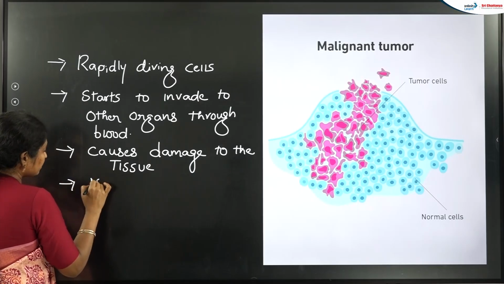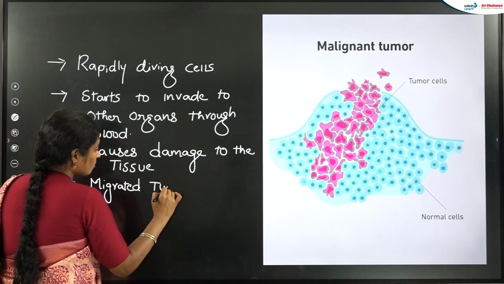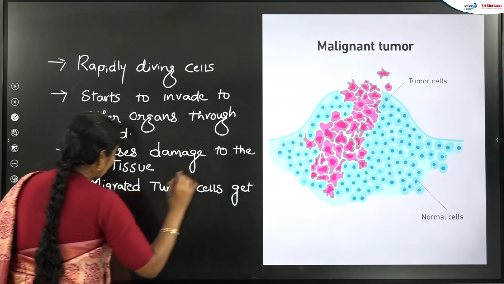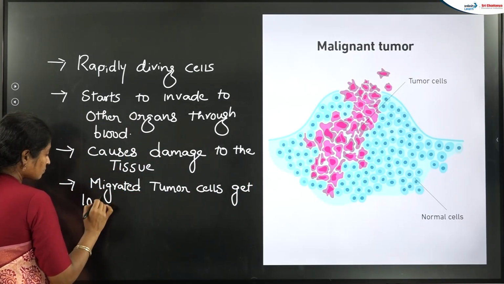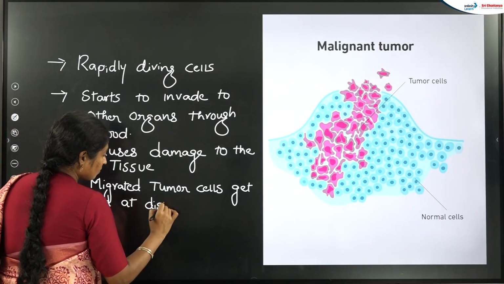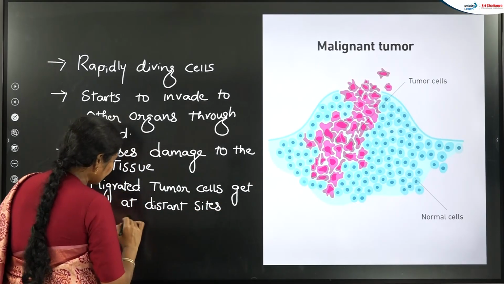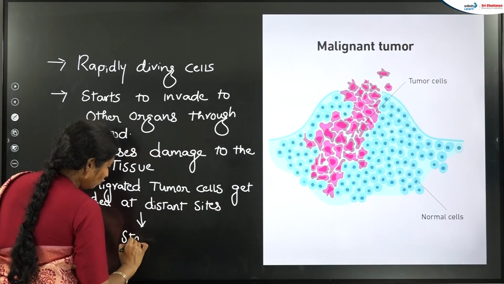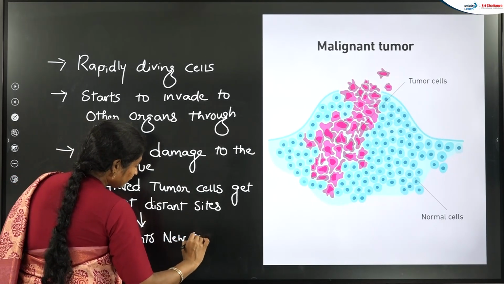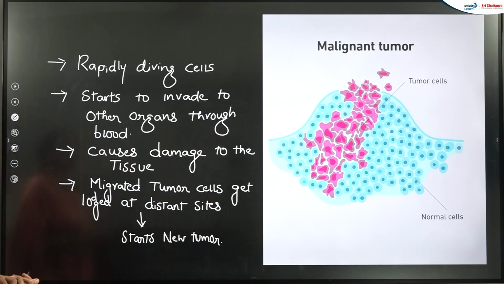These migrated tumor cells get lodged at distant sites. Once they get lodged at distant sites in other organs, they start a new tumor. This is known as a secondary tumor. So this is the advanced case. These are the features of a malignant tumor.